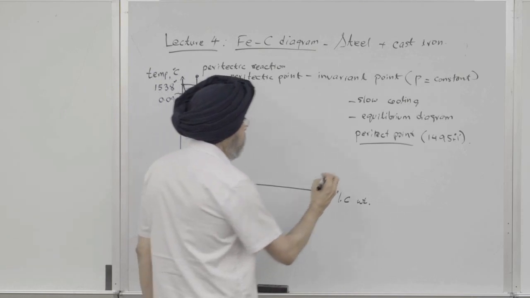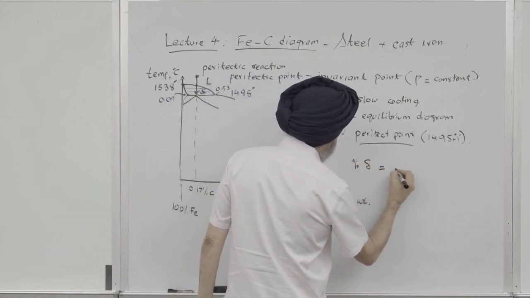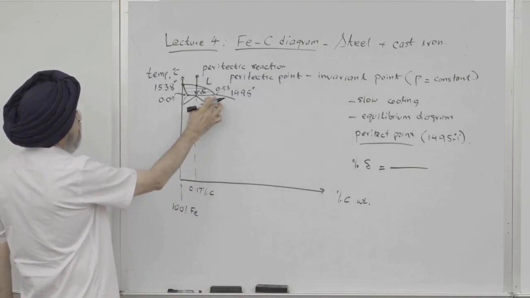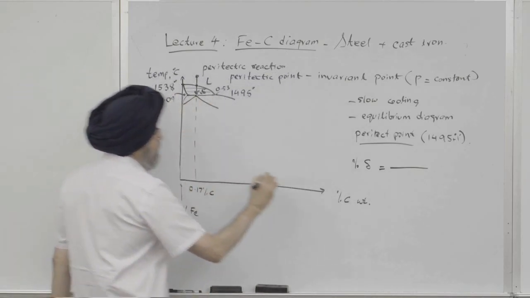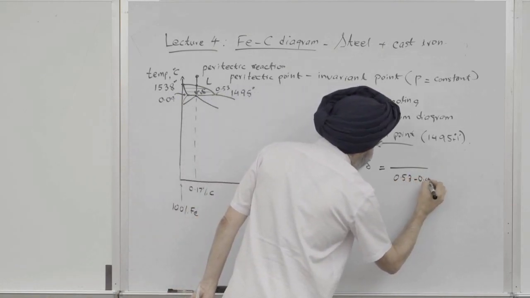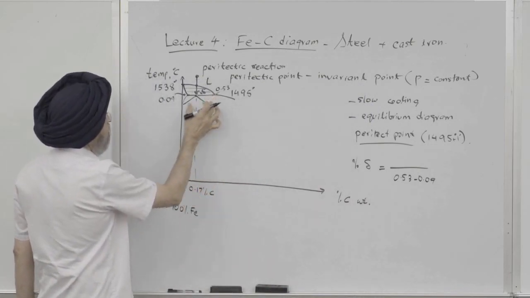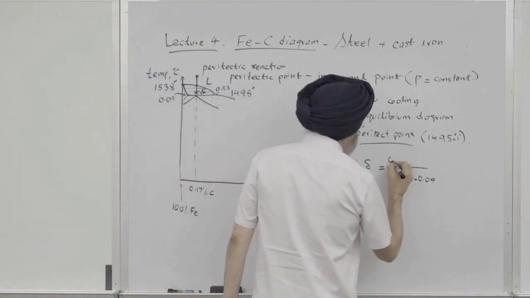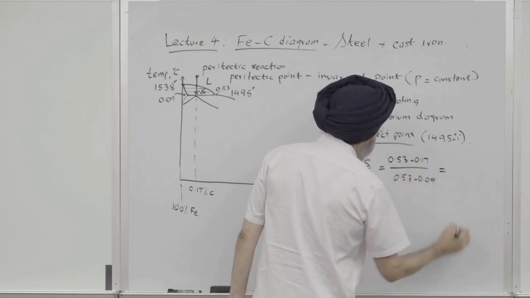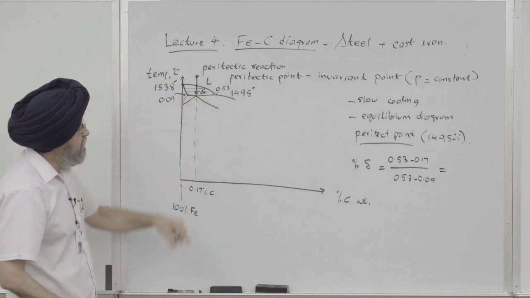We can say that the percent of delta by the phase rule will be 0.53 minus 0.09 in the numerator, over 0.53 minus 0.17. That'll be the percent of delta.